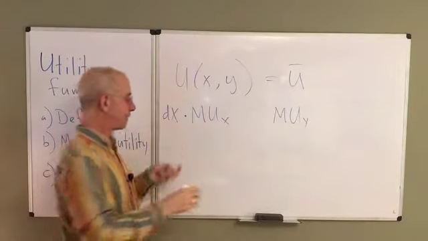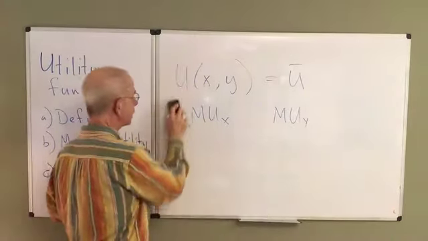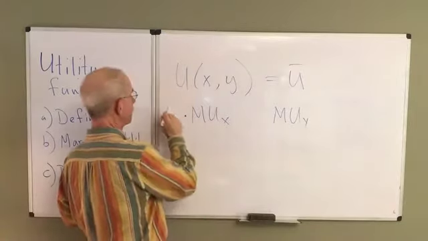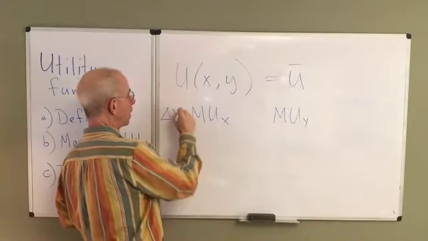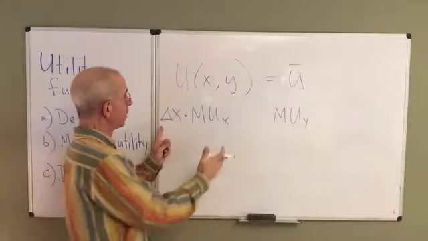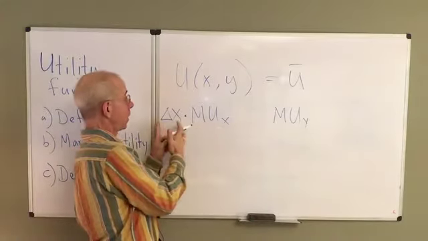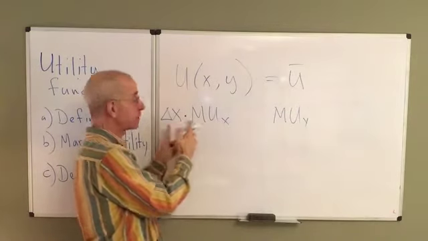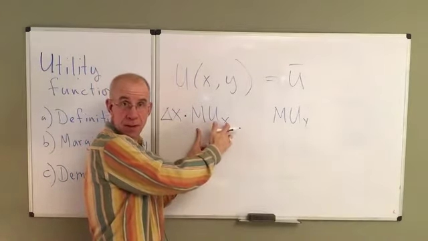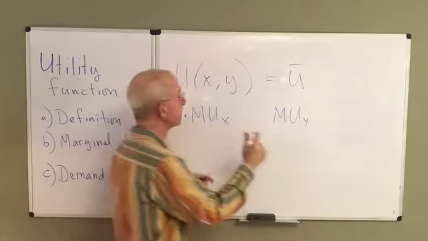And we can look at the change in the quantity consumed of X. So this tells you how much utility will change when I change the units of X by this amount and multiply that by the marginal utility.